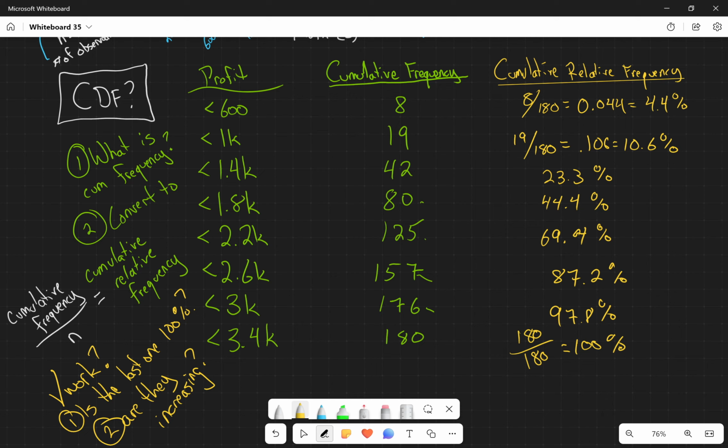This number should be increasing. So 4% to 10% to 23 to 44 to 69 to 87 to 97 to 100, right? I almost said that it must be strictly increasing, but that is not true. Strictly increasing means that a zero change is not possible, but a zero change is possible in the cumulative distribution function.